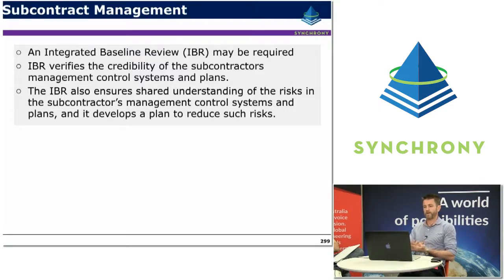Another option is to collaborate with the subcontractor up front before the initial baseline is set, which helps bake in quality and good decision making into the original plan, rather than having to catch things after the horse has already bolted through an IBR process. The IBR verifies the credibility of the subcontractor's management and control systems and plans, and also ensures a shared understanding of the risks in the subcontractor's management control systems, and it develops a plan to help reduce such risks.